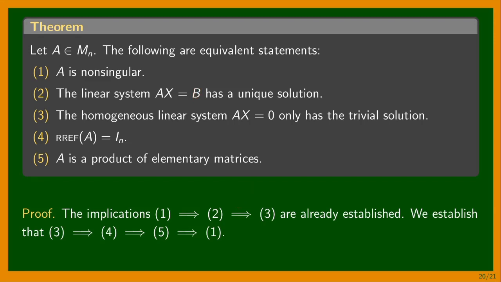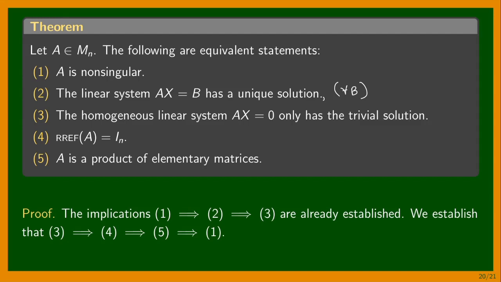because statement 2 is missing something: this should be for all column vectors B. So in particular, if you set B to 0, then because this has a unique solution, the only solution for the homogeneous linear system is the trivial solution. Okay?